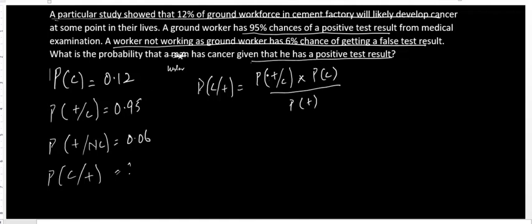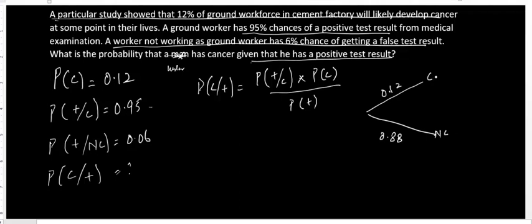Now I do have the probability of positive test result given cancer, and I do have the probability of cancer, but I don't have the probability of positive test result. In this case I will use the tree diagram to calculate the probability of the positive test result. There are 12% chances that the person will have cancer, which means that 88% of the workforce will not have cancer.